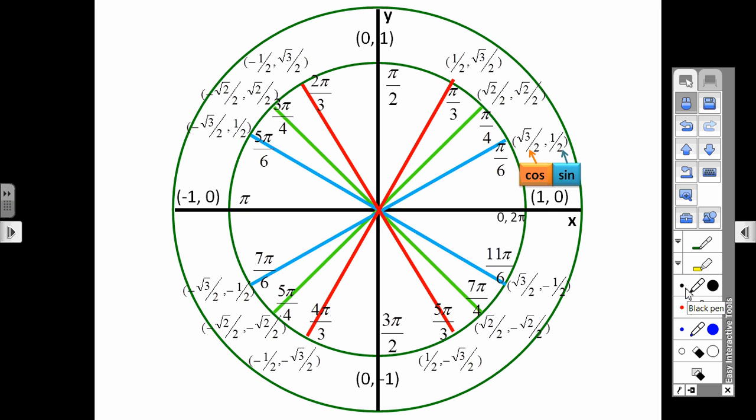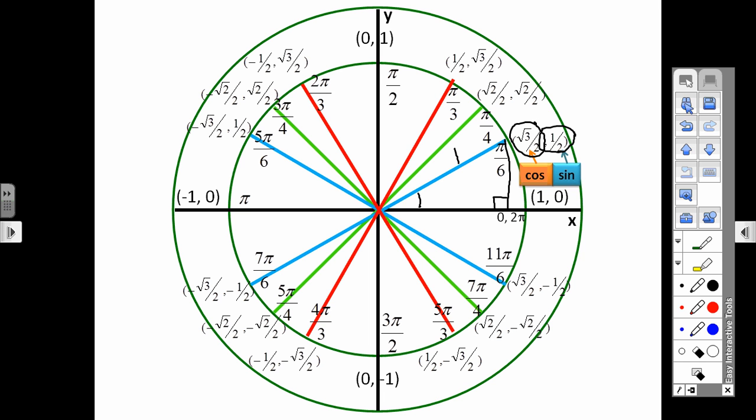Because remember, and I know I erased this already, but if I were to draw this line down, and this is 1 unit, the sine of this angle is opposite over hypotenuse. So if this is 1/2 over 1, well, there is sine. Okay, and then cosine is adjacent over 1, so there's cosine.